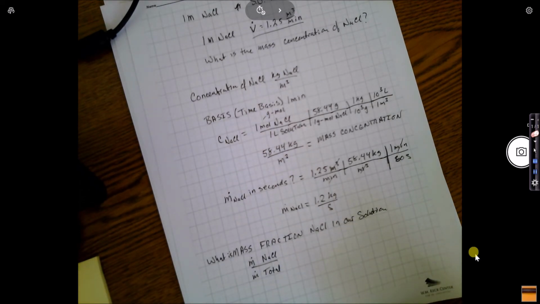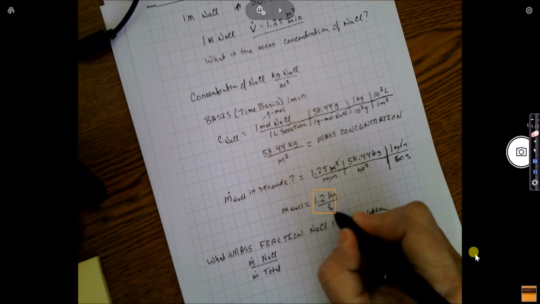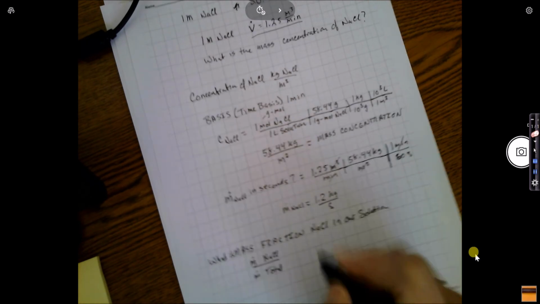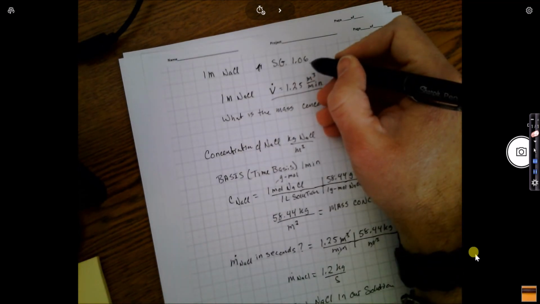so we already calculated the mass flow rate of sodium chloride in seconds. So we already did that. And now, earlier we said it was a specific gravity of 1.06.